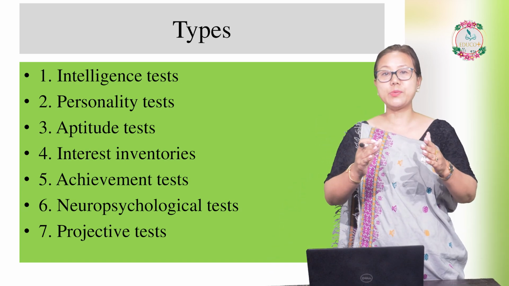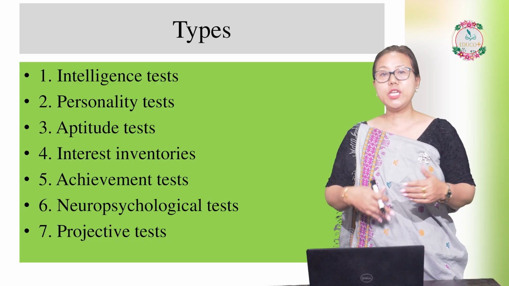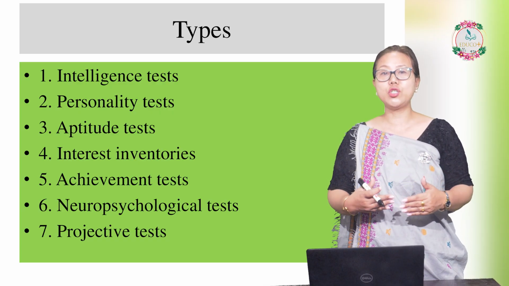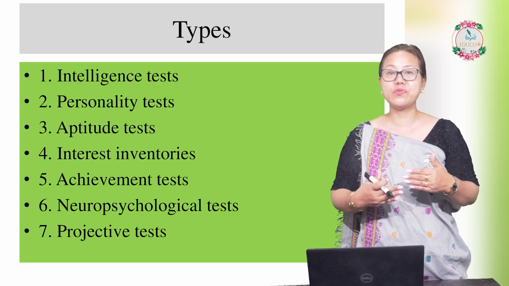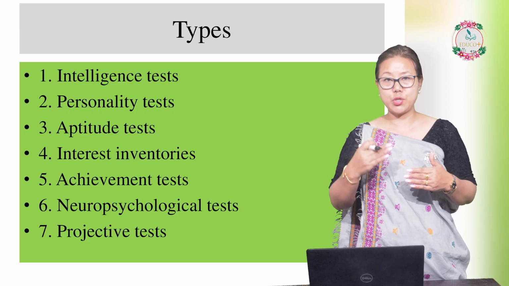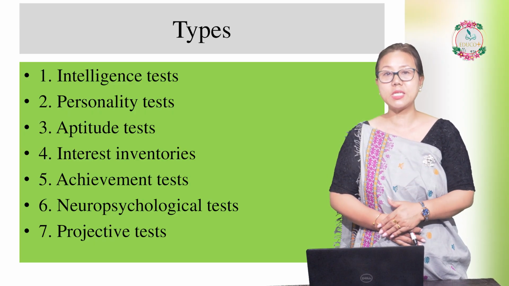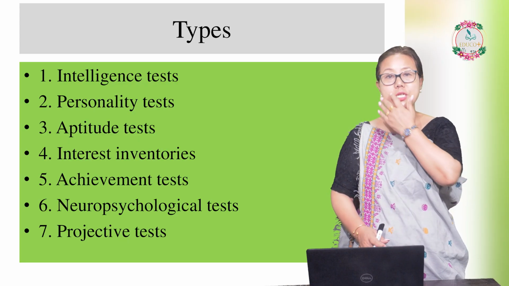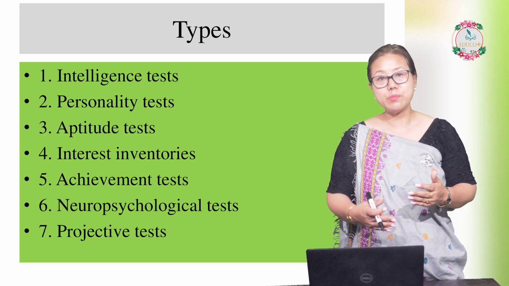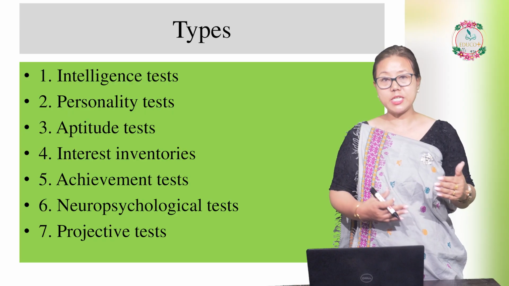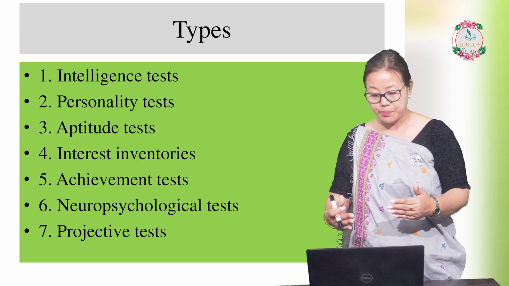There are different types of psychological tests, each serving a unique function. The major types are classified based on their purpose and administration method. Knowing this helps in selecting the right test for a specific need. An intelligence test measures cognitive abilities and problem-solving skills.